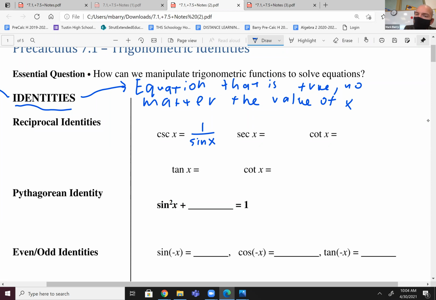And then secant of x is going to equal 1 over cosine of x, which makes sense because secant is the reciprocal of cosine. And then cotangent of x equals 1 over tangent of x because cotangent is the reciprocal of tangent, right? Awesome.